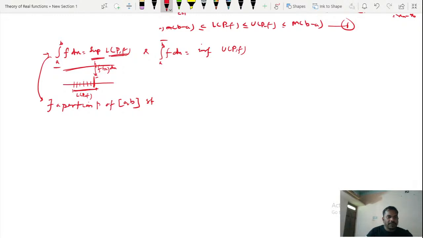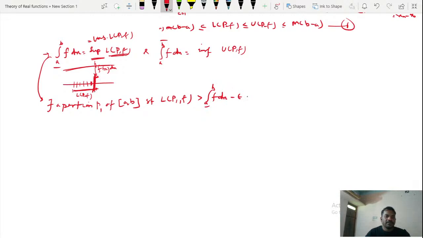since supremum means the least upper bound of LPF, and since this is your lower Darboux integral, the supremum, if you go a little bit behind, then there exists a partition P1 of closed AB such that L P1 F is greater than the lower Darboux integral of f dx minus epsilon.